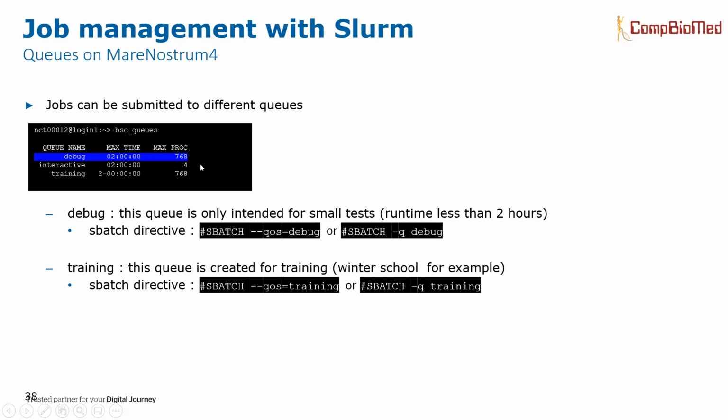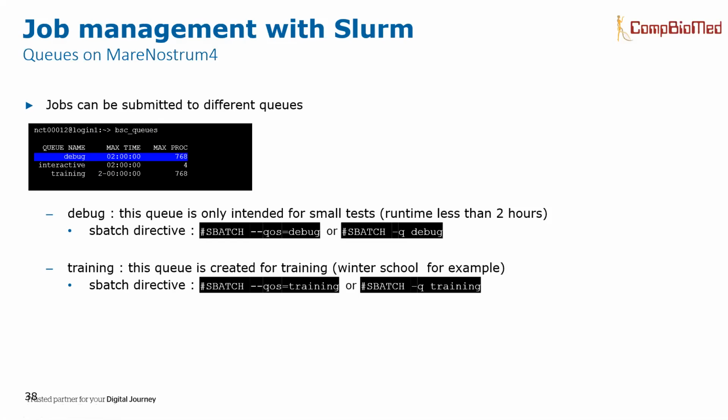So if you execute the BSC queues command on your terminal, you see that you have access to different queues. The interactive queue is the one that I have just used with srlog in interactive mode. But you also have access to a debug and a training queue, for example. Depending on the administration of the cluster, you might have access to different queues.